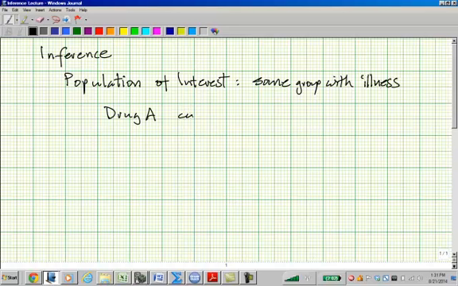And drug A has a cure rate, it cures 0.3 or 30% of this population. So this cure rate for drug A would be called a parameter and is referred to by the letter lowercase italic p. So the cure rate for drug A for this population of some group with the illness is 0.3.